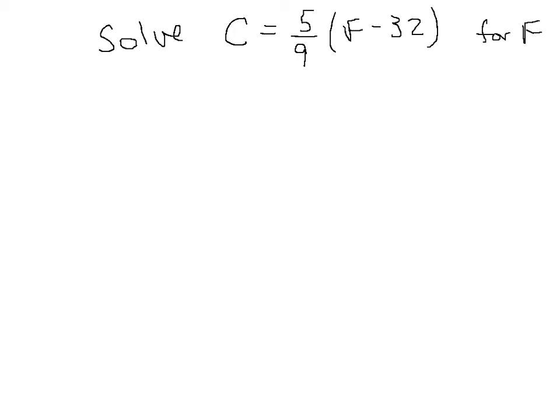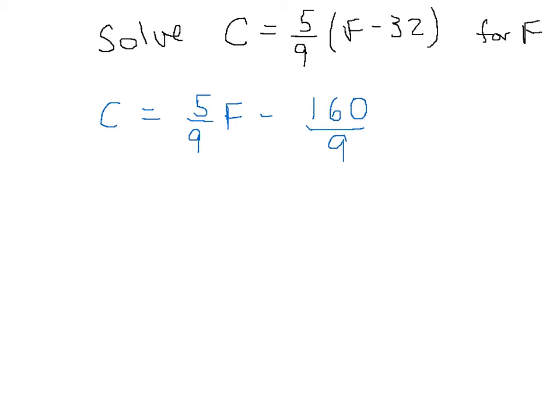So as we take a look at this, we recognize that we got to do a little simplification first. So we get c is equal to 5/9 f minus 5/9 times 32. That's 160 over 9.